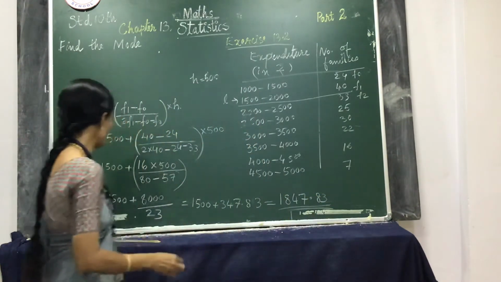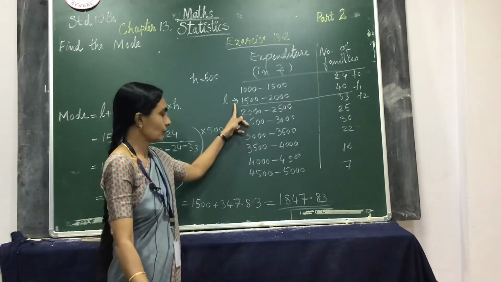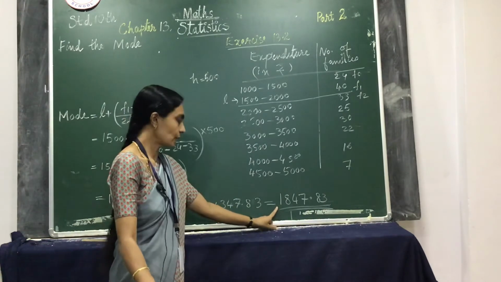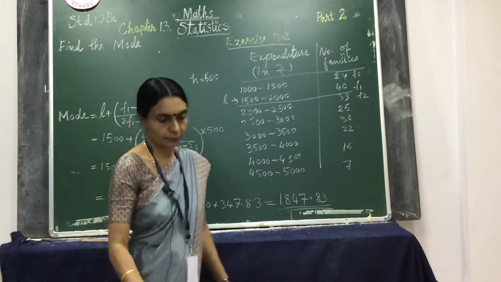See here, the modal class interval is this one, and we have the modal expenditure is 1847.83.